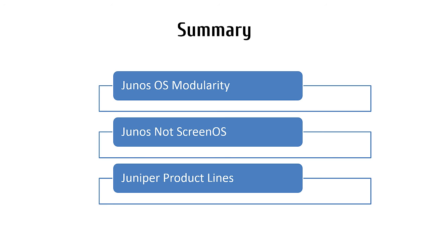Look more at SRX and EX switches if you're going to purchase something for lab equipment. Then we talked about all of the major Juniper product lines currently offered. We talked about some of the major routing platforms, Juniper's latest switching technology, and the versatile SRX security platform. So now you should have a pretty good idea of what products Juniper is making and where they stand in the market with some of these technologies.